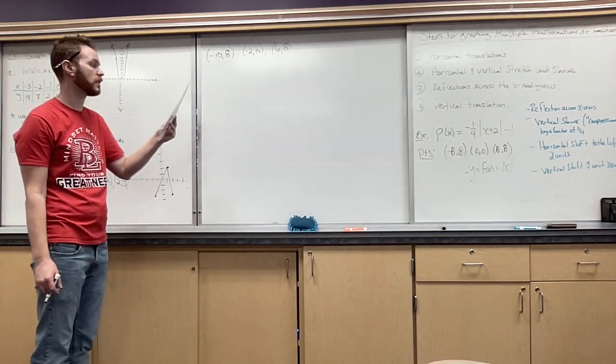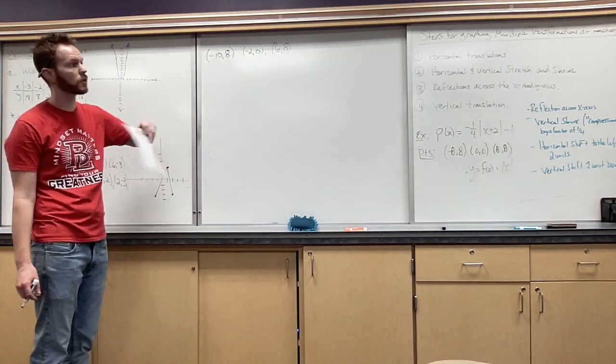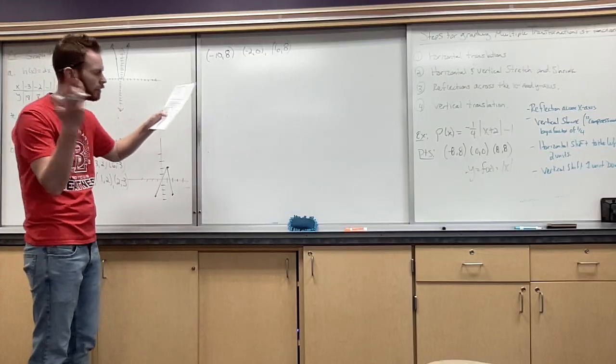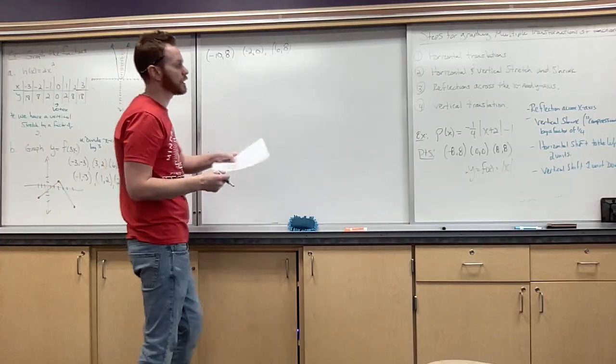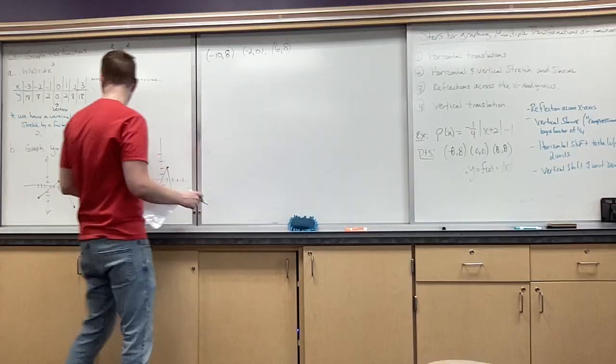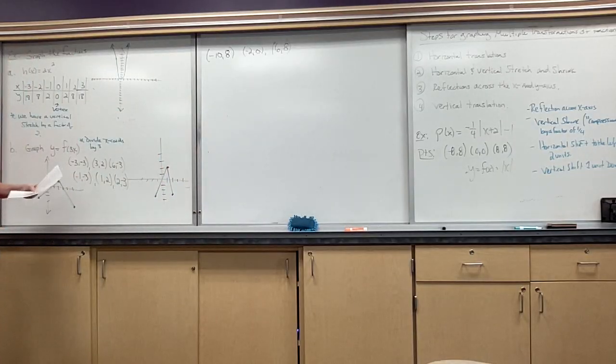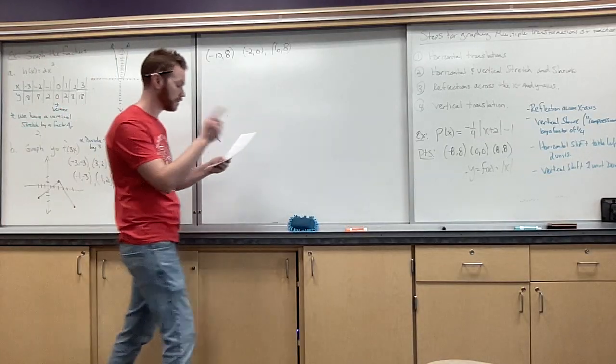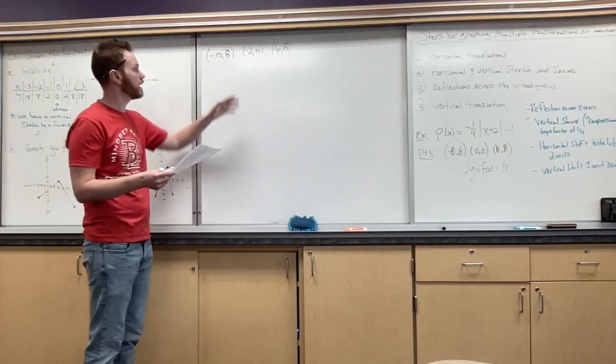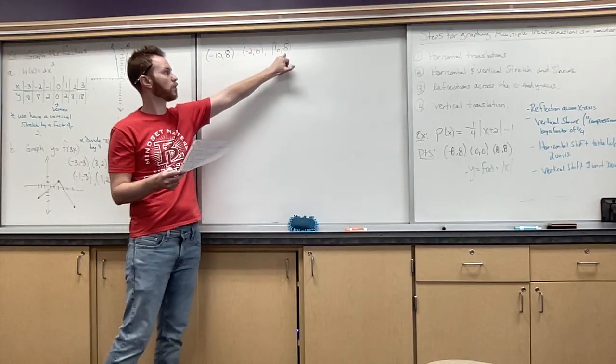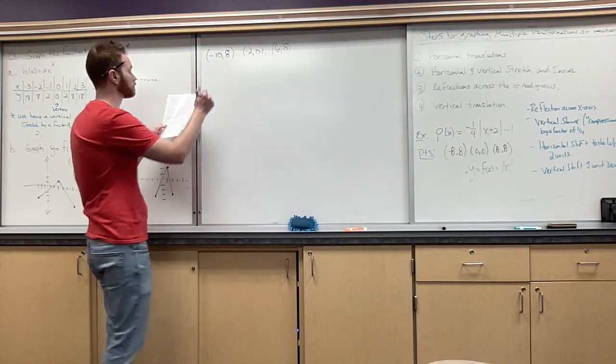Now, number 2 says take care of the horizontal and vertical stretch or shrink or compression. Because it's on the outside, do I have the note here? Oh, I deleted the note. You're going to take the 1/4, and you're going to multiply the y values by that 1/4.